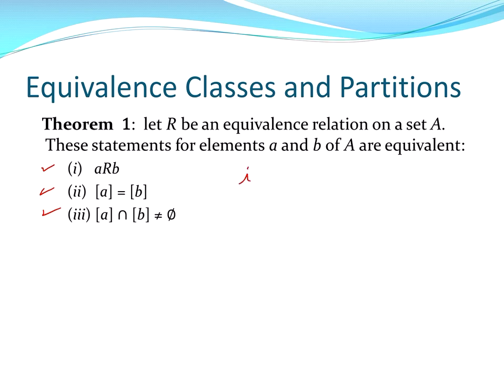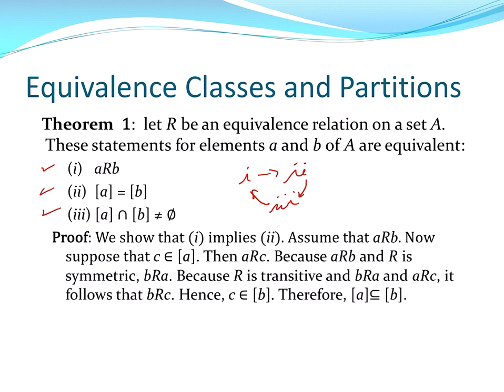So we have 1 implies 2. In the book, you'll see that 2 implies 3, and that 3 implies 1. Okay, so 1 implies 2. Assume that a is related to b. Now we'll pick a representative of that set, c.